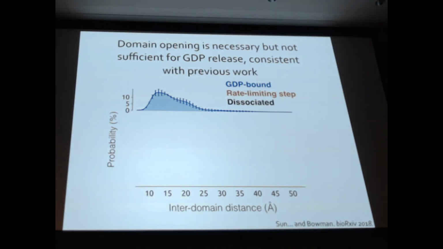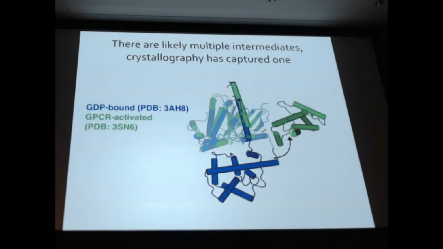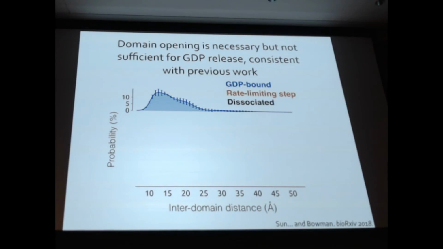So we've done this, and we can do a number of consistency checks with experiments. Here I'm just showing the distribution of distances between two residues lining the ends of these two domains to look at domain opening. You can see that, consistent with some previous simulations and DEER experiments, there is significant opening occurring even in the absence of, or even when the GDP is fully bound.